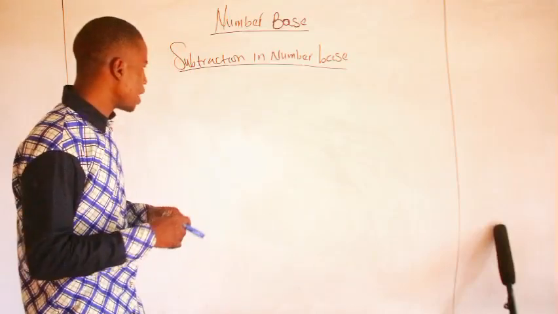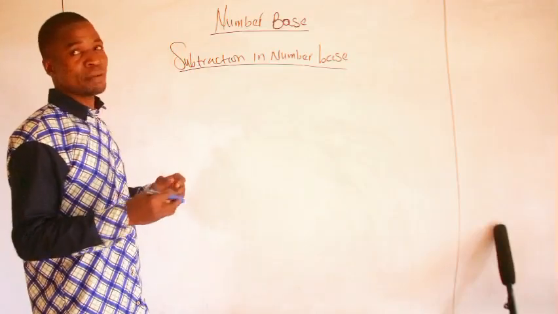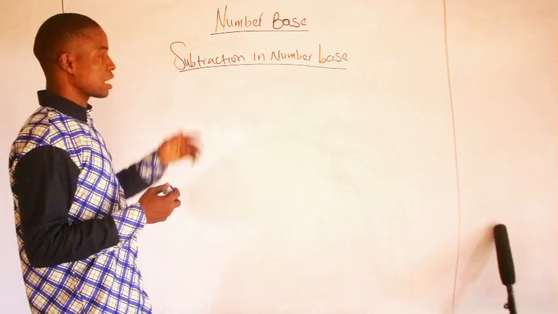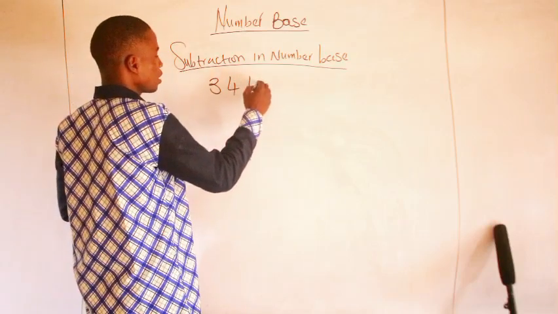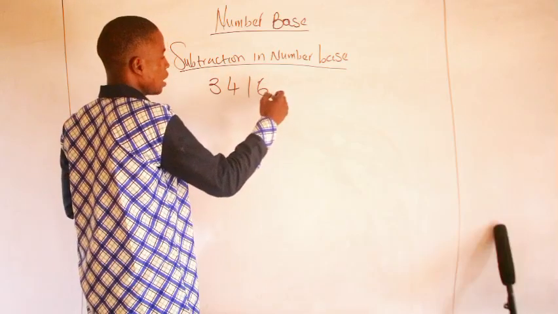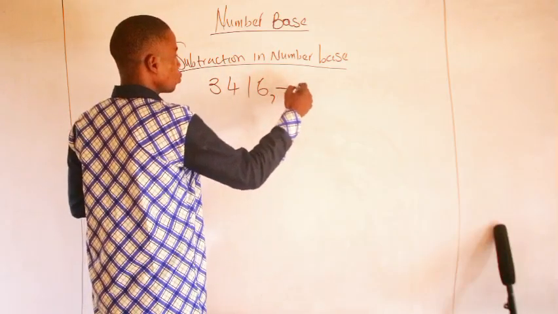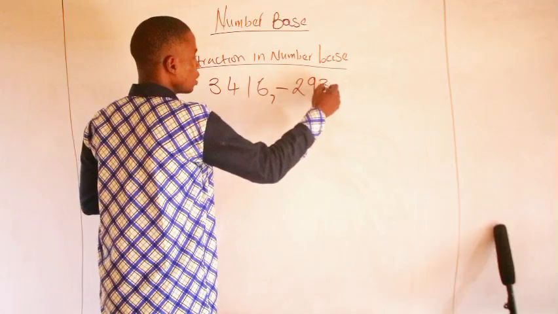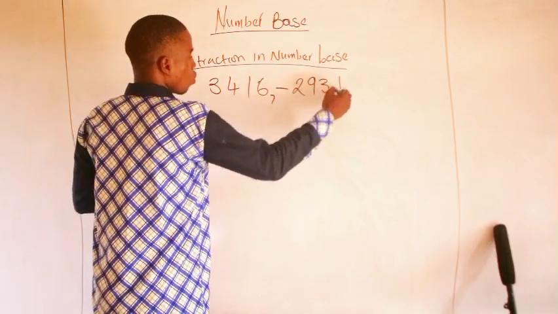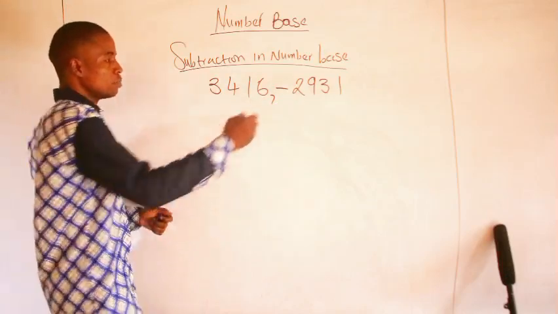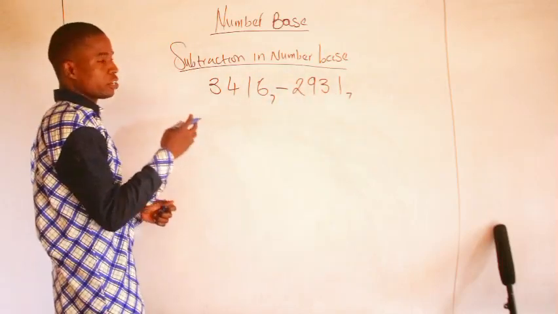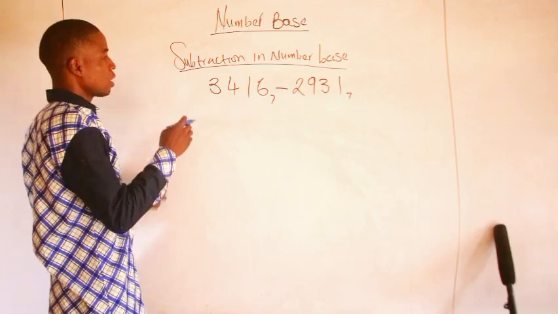In number B, when we are looking at the subtraction, let us look at an example. Now we can have 3 4 1 6 in base 7 minus 2 9 3 1. Now, this one is base 10. Let us look at this example.